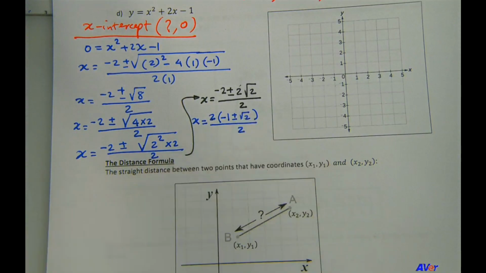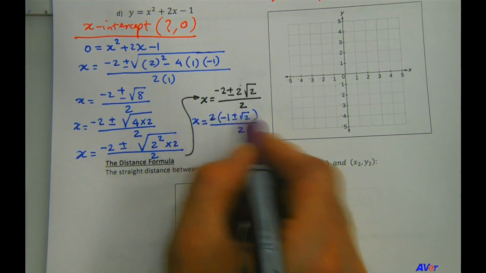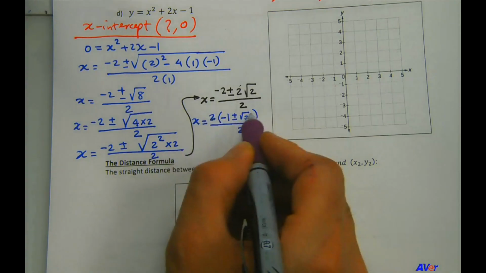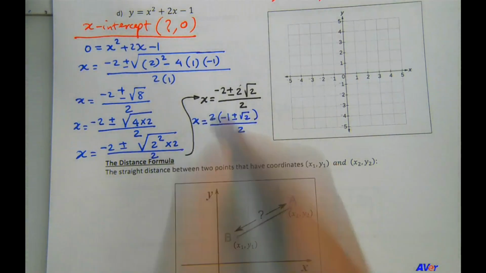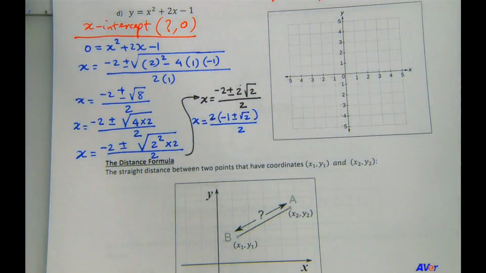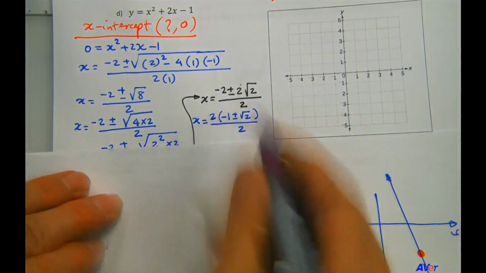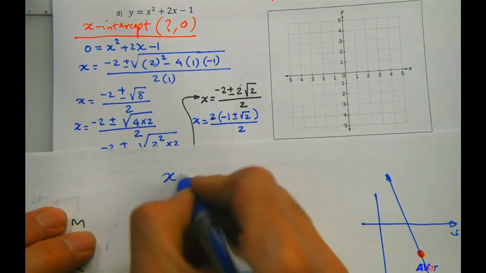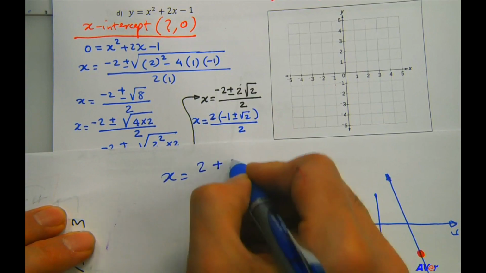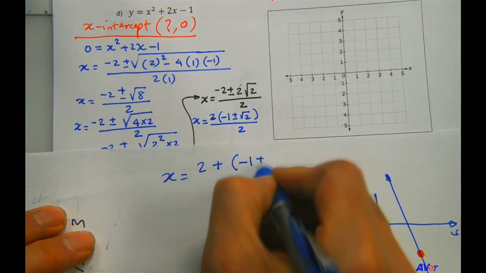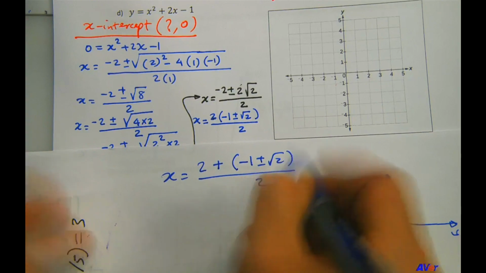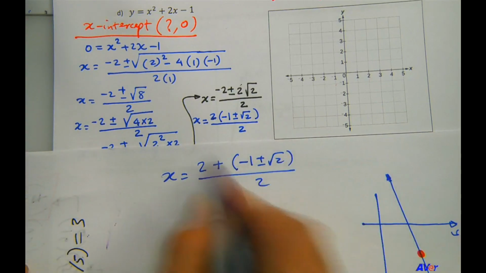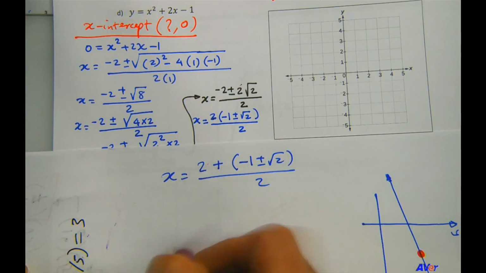Okay? So now, notice everything is in the form of multiplication, right? Let me write this down because this is very important. If this expression was like this, x equals 2 plus -1 plus or minus square root of 2 over 2, could I say 2 and 2 cancel out?